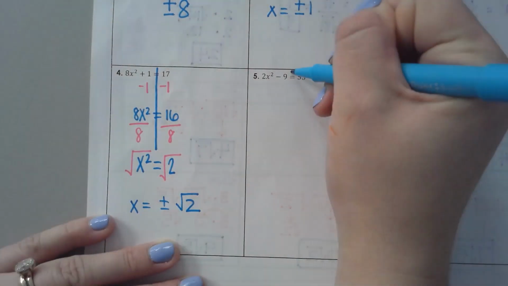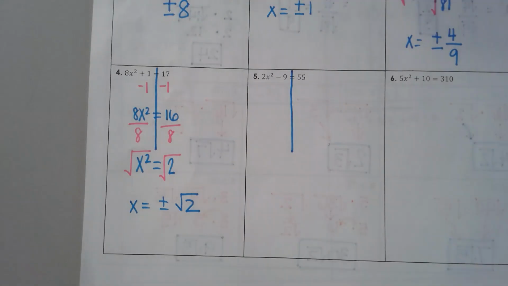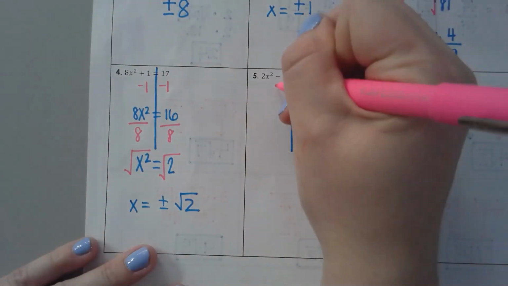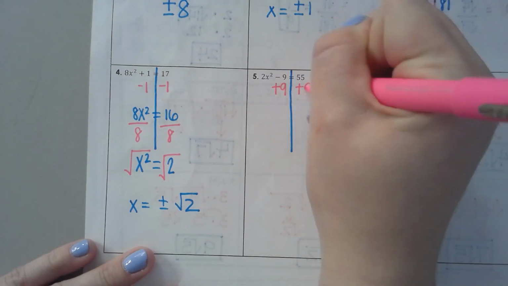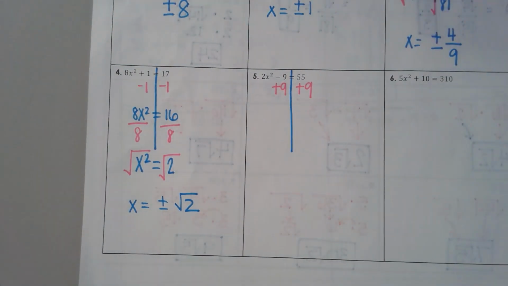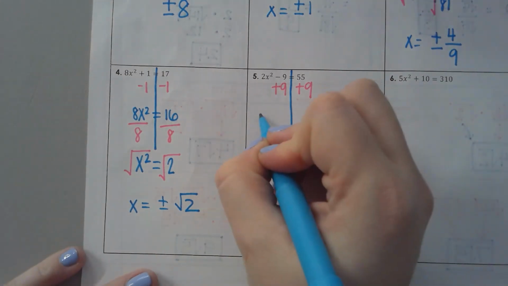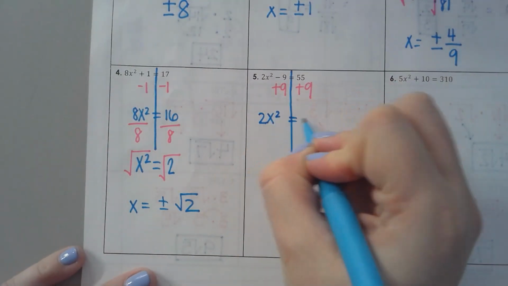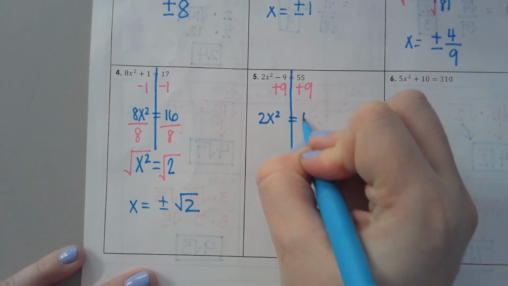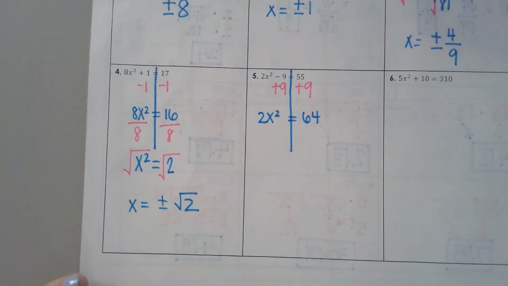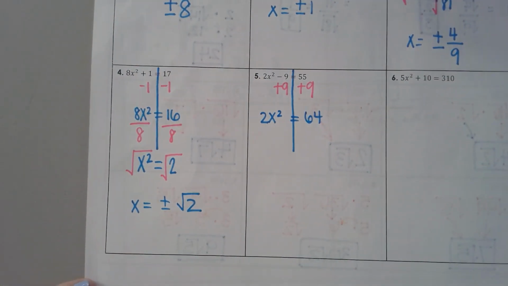Number 5. My first step is to add 9. And I get 2x squared equals 64. Then what?